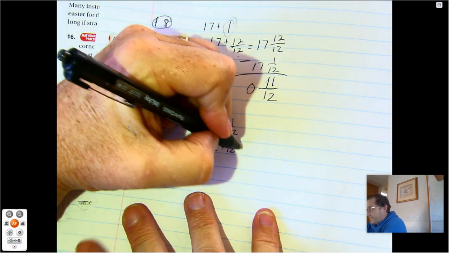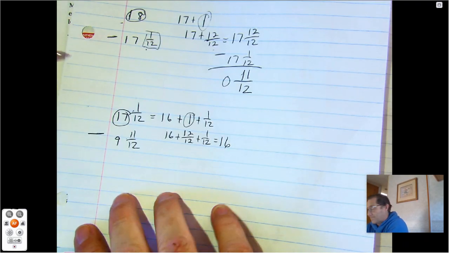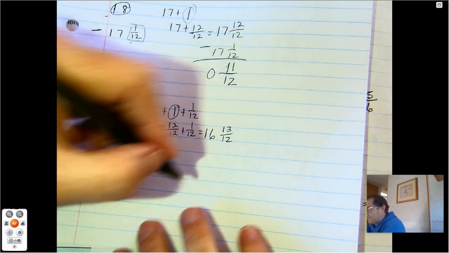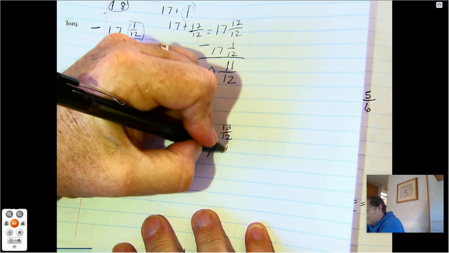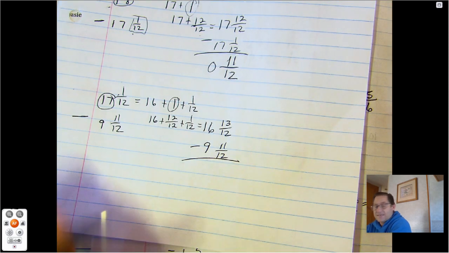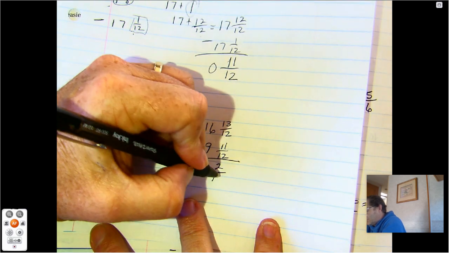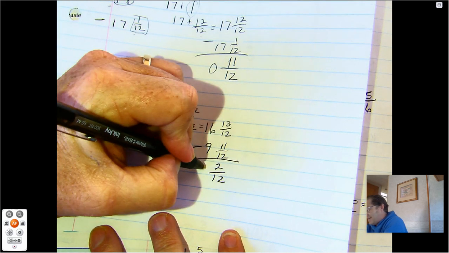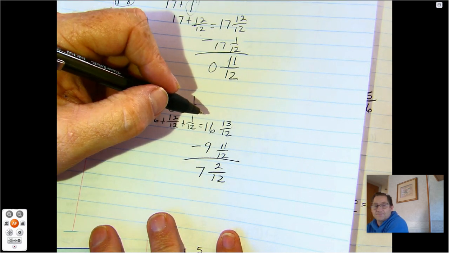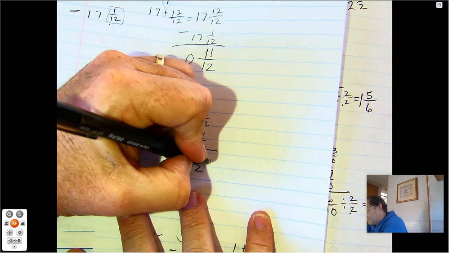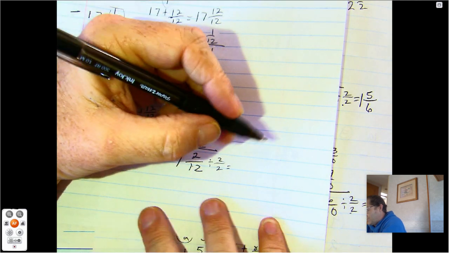So we've got 16 and 13/12 minus 9 and 11/12. 13 take away 11 is 2/12. 16 take away 9 is 7. 2 and 12 are even, so I can reduce that by 2.